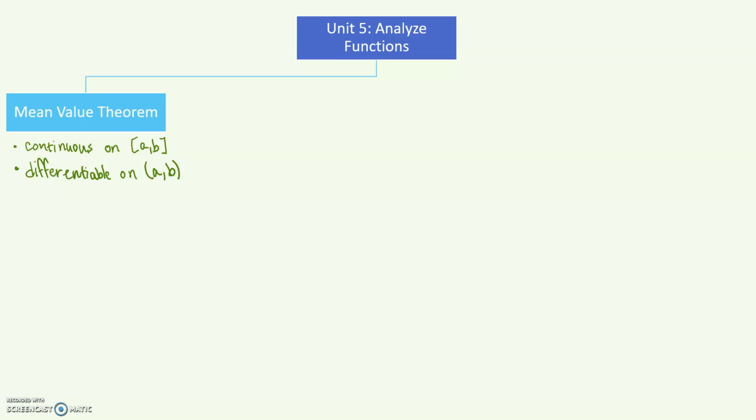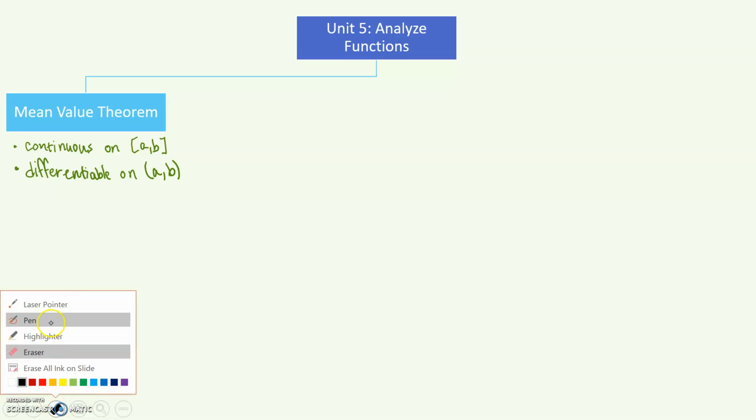Together, those two rules are called smooth. A continuous differentiable function is one that when you sketch it, it's all smooth and curvy. It doesn't have jagged edges or cusps or discontinuities. So in order to use it, make sure that you have some way of justifying that you have a continuous differentiable function.